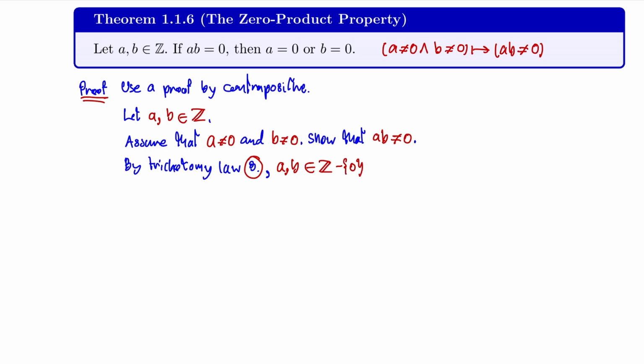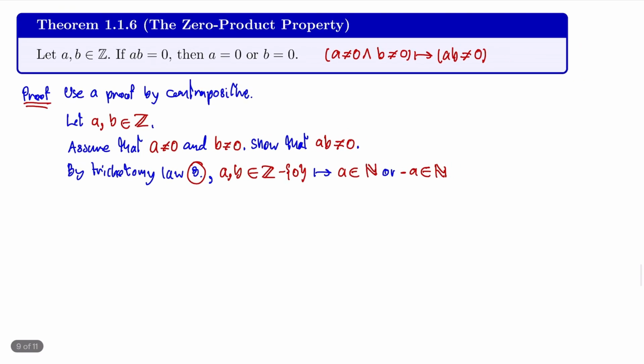So it implies that a is a natural number, or minus a is a natural number, meaning that a is a negative number, and b is a positive integer, or b is a negative integer.